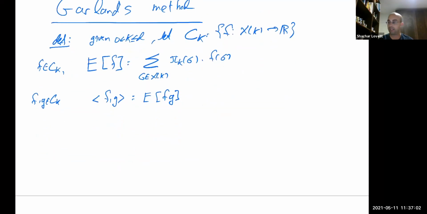Okay, now I want to talk about links, and so I need one more definition. Now let v be something in X1, like a node in my complex of nodes, edges, and triangles. So we need to define the notion of a localization.